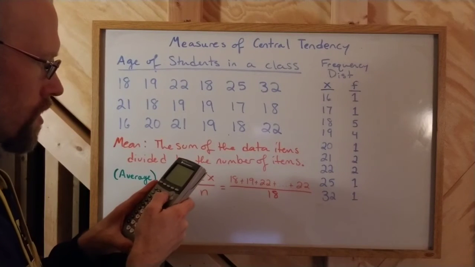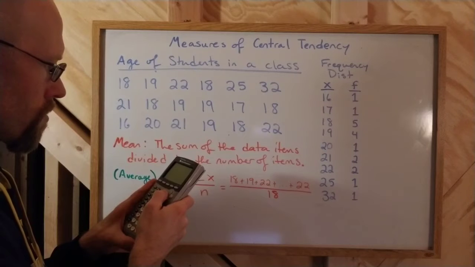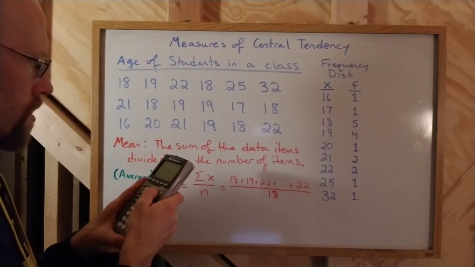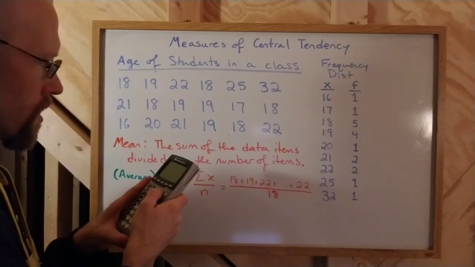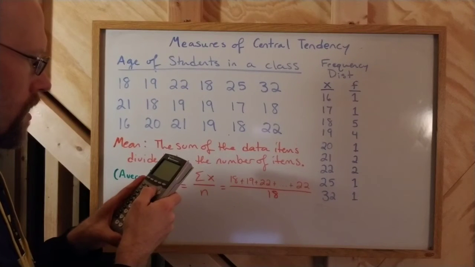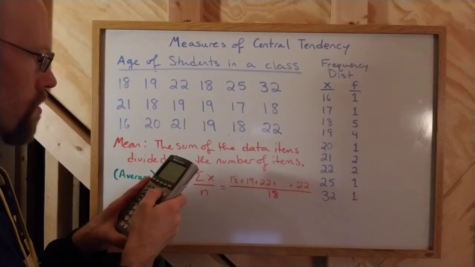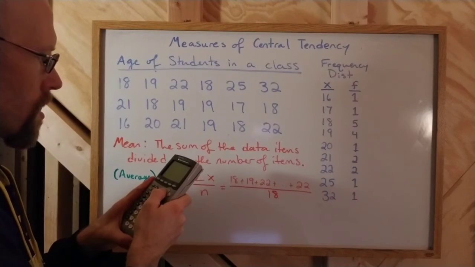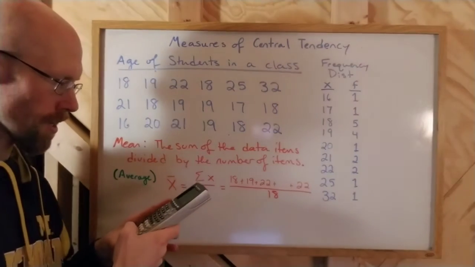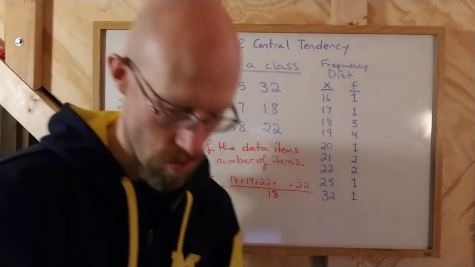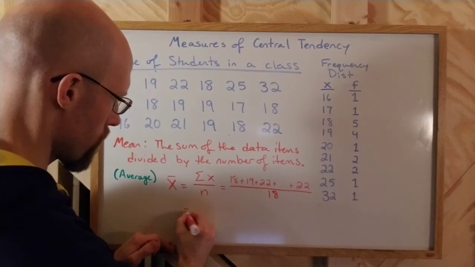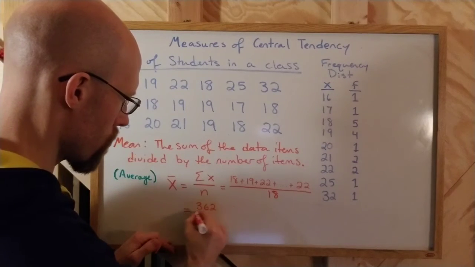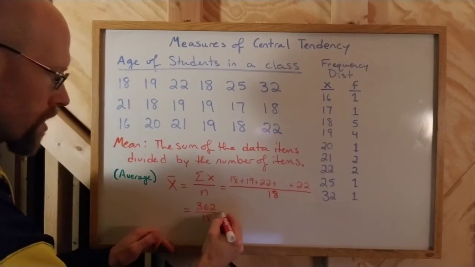So 22, 18, 19, 21, 20, going backwards. 16, 18, 17, 19, 19, 18, 21, 32, 25, 18, 22, 19, 18. Okay, I think I got that right. That looks like 362. So that sum should be 362 all over 18.